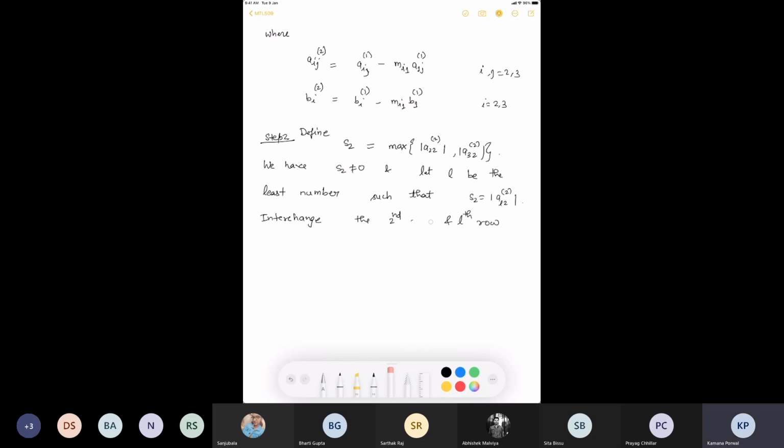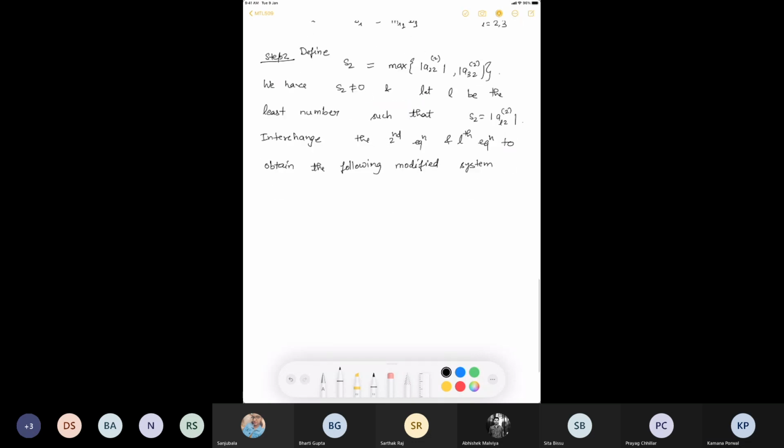Or rather, let me write the equations to obtain this new system. The first row will remain as it is.